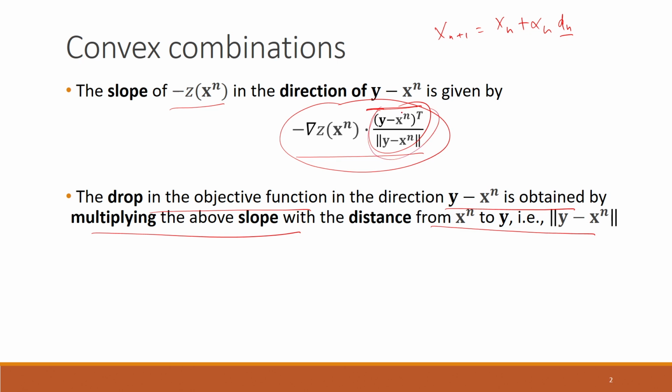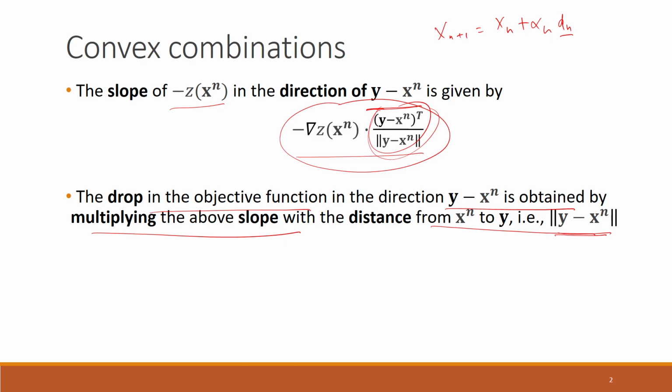If you want to know how much drop happens in the objective function value when we go from xn to y, we also need to multiply it with the distance that we actually travel from xn to y, which is given by this norm here.